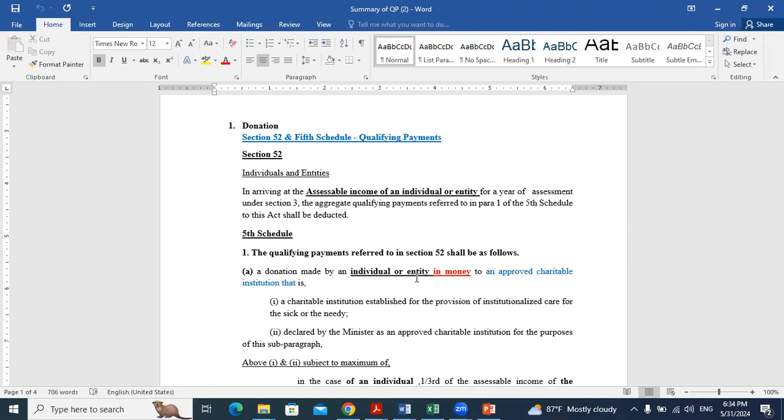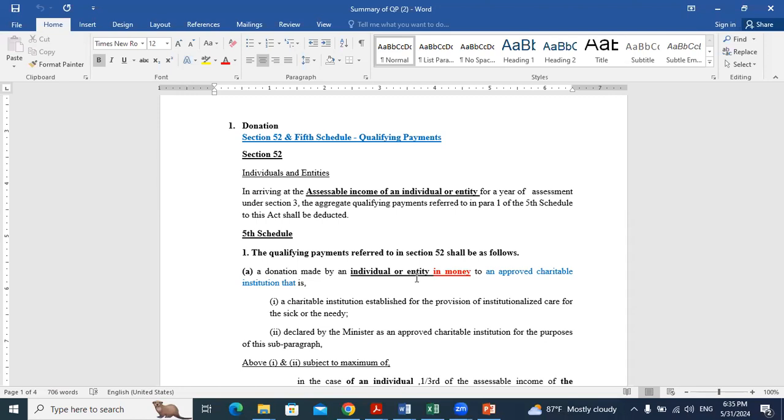Let's say you are an individual, you donate some money to an approved charitable institution. It has to be necessarily in money. So remember, it has to be in money. A charitable institution established for the provision of institutional care for the sick and needy. It has to be institutional care, not individual care.